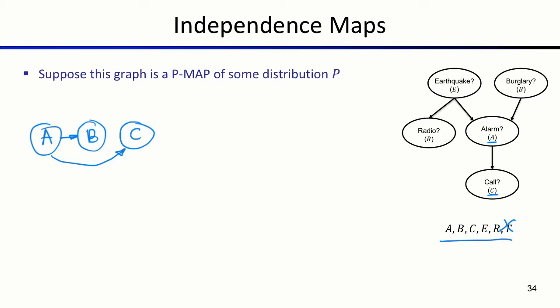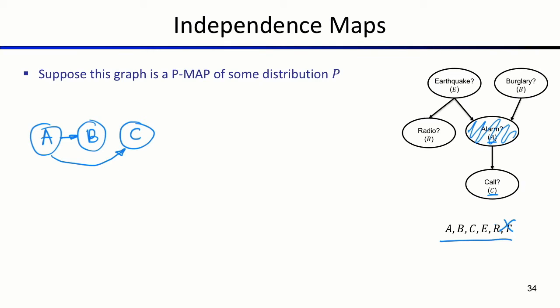But if we have A, it will be our minimal set of variables to disconnect C from B. So we do not need to have an edge from B to C because A will block the influence from B to C. So C will be independent of B given A. So that's good.